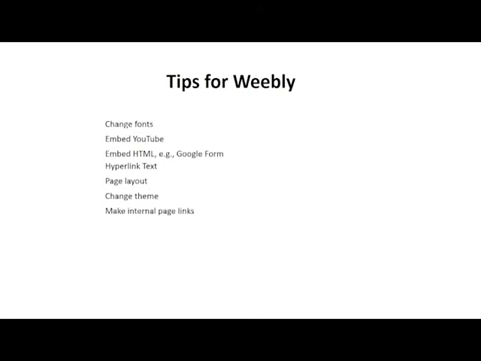At the end of this lecture, I would like to include some tips for Weebly development. How to change fonts, embed YouTube, embed HTML such as Google Form, hyperlink text, page layout, change theme, make internal page links, use button function.